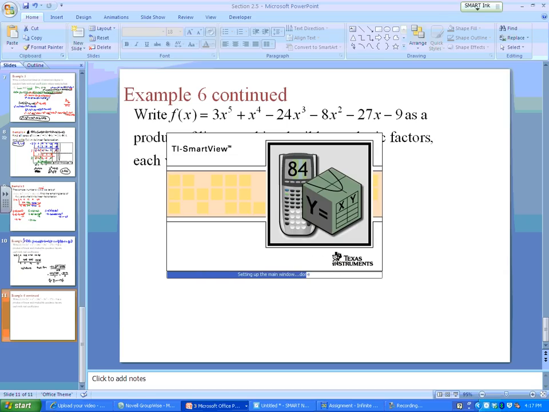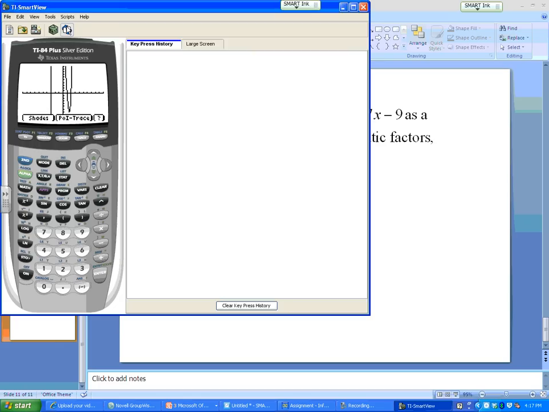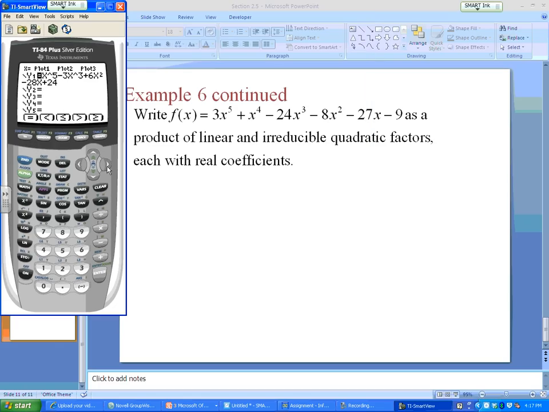There it is. Okay, I want to graph 3x to the 5th plus x to the 4th minus 24x cubed minus 8x squared minus 27x minus 9.